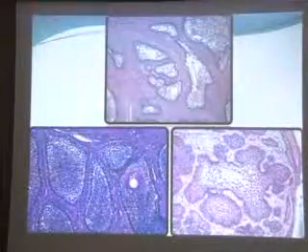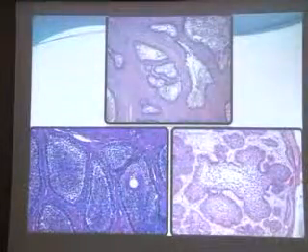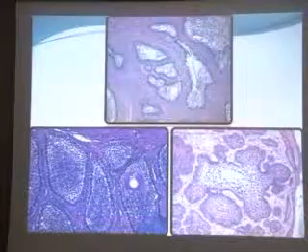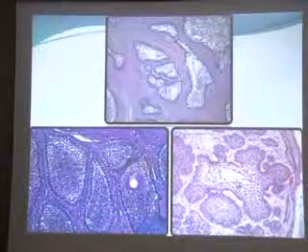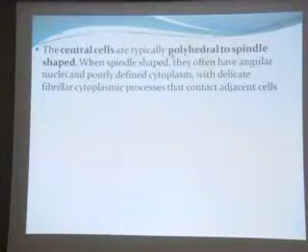See here, there is a large follicle. Because of the large size of the follicle, the central area shows cystic degeneration. Then, how are the central cells? The follicle is lined peripherally by tall columnar cells, whereas the central cells are typically polyhedral to spindle shape.